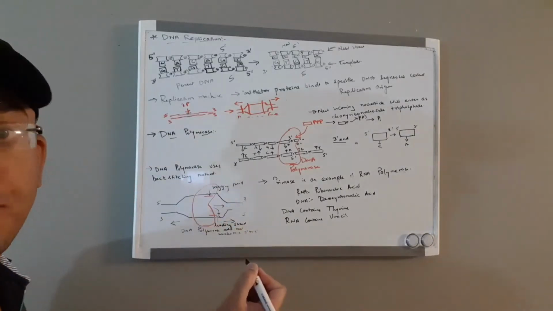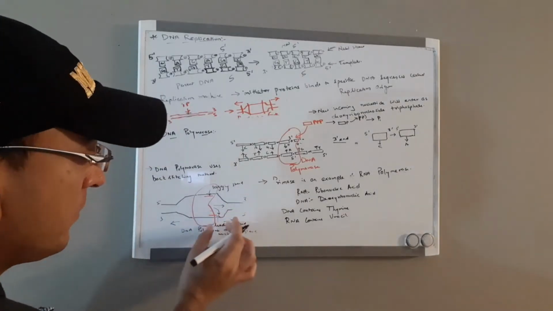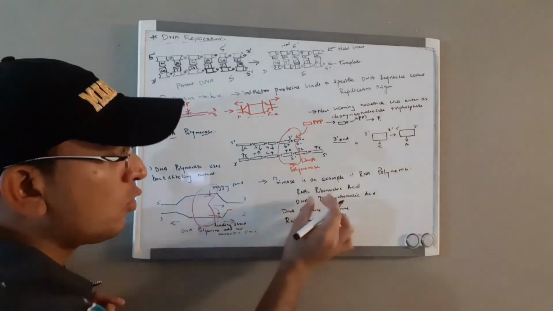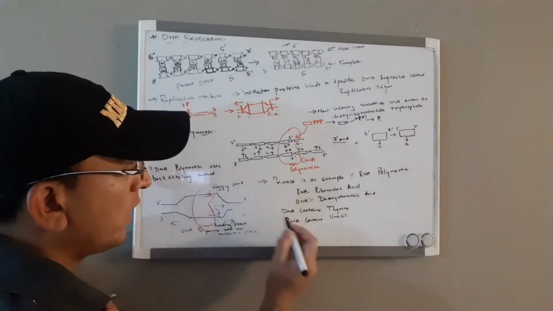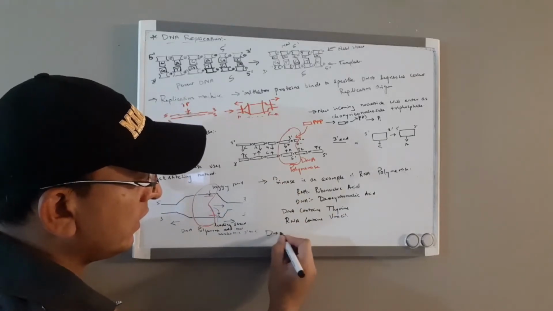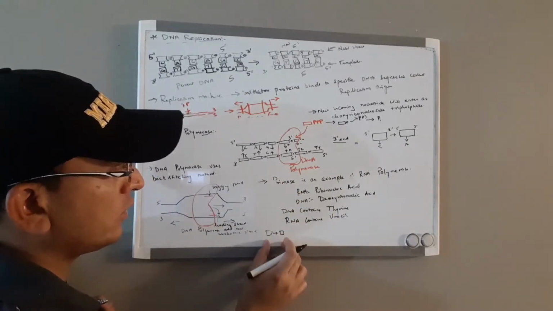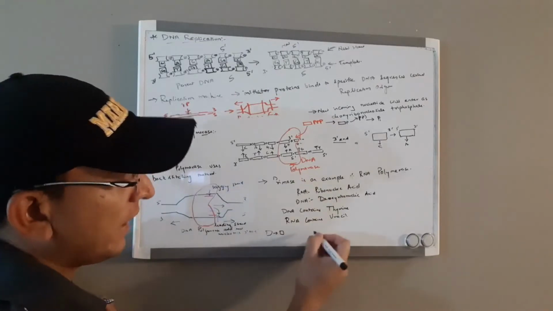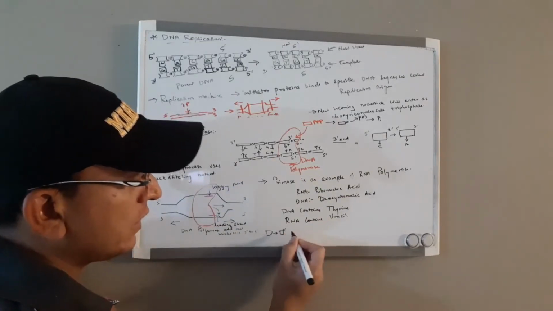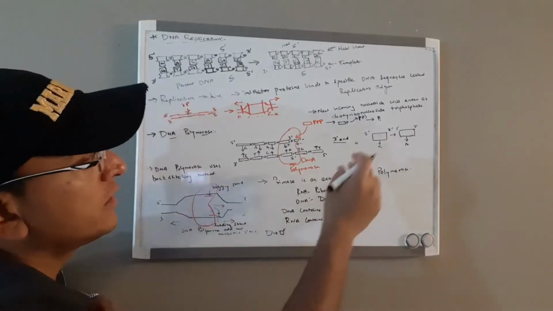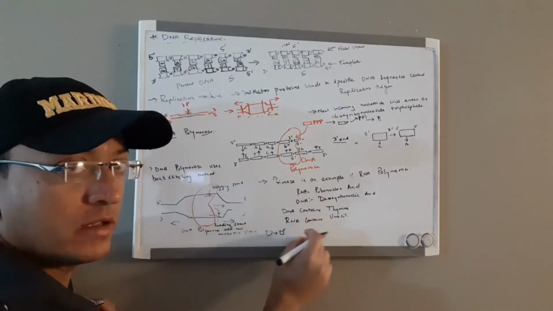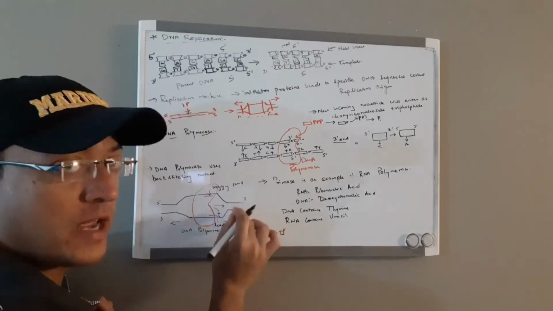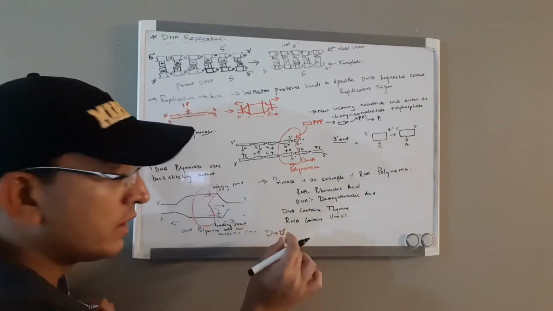RNA will put two nucleotides here, 1 and 2, to join on this template strand, and then it will provide the DNA polymerase with the 3' end. So DNA polymerase will start adding here, and the leading strand will keep on moving.